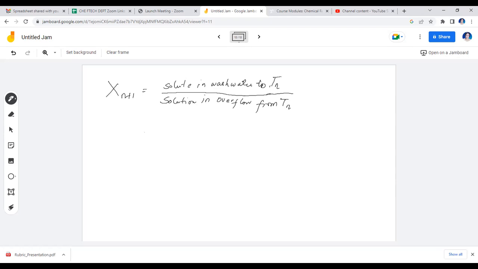In here, we can write the general mass balance to be L sub n plus 1 plus S sub I, the solute content of particular thickener I, minus S sub n.